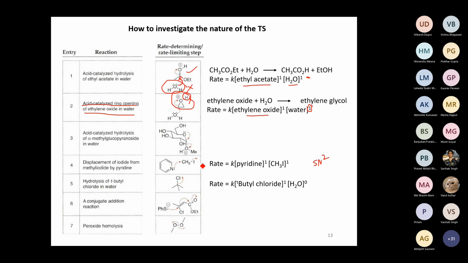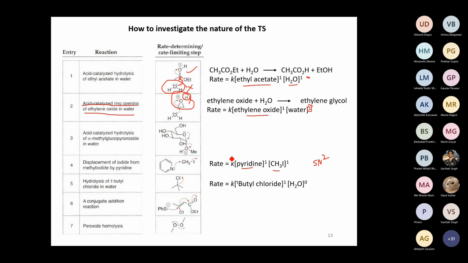This is the kind of SN2 type of reaction where the rate law is telling that this is first order with respect to pyridine and first order with respect to methyl iodide, right? That indicates that whatever the rate limiting step is, both molecules are involved.